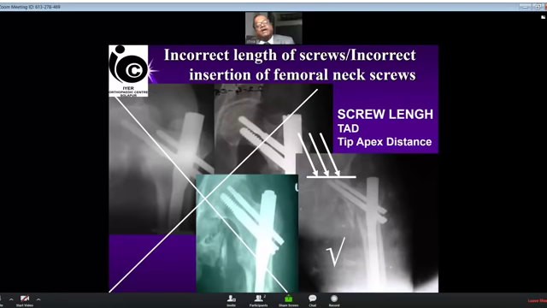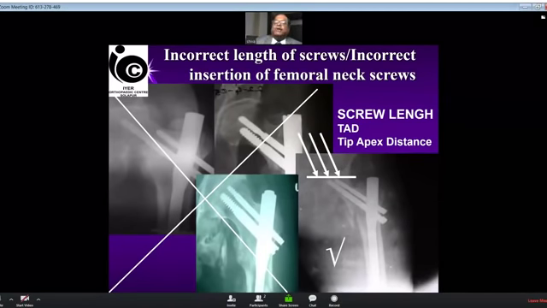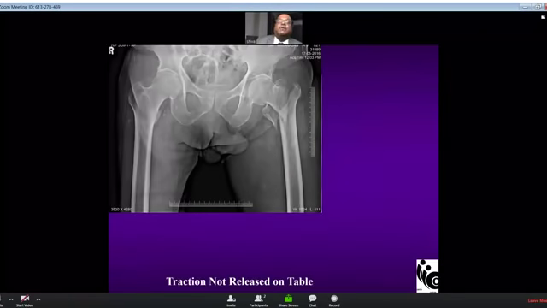Superior screw shorter, inferior screw longer, again, is also not correct. Both screws at the same tip level, again, is wrong. What is correct is on the right side. Both of them should be at the same horizontal level so that both of them can take the load simultaneously and slide back outside.